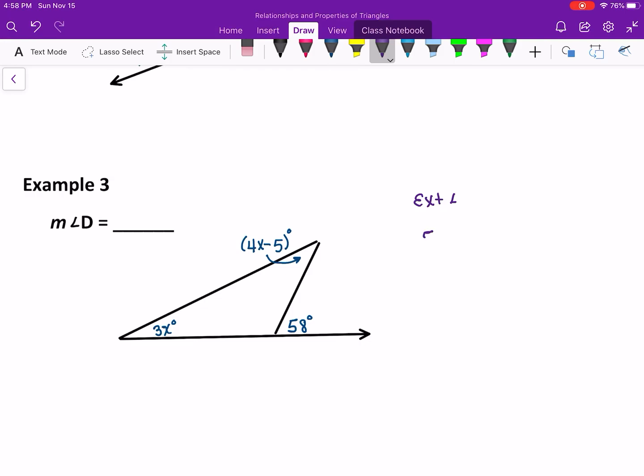So that would be the 58. And that is equal to the sum of the two remote interior angles, the interior angles that are the furthest away from our 58 degrees. That would be the 3x and the 4x minus 5.